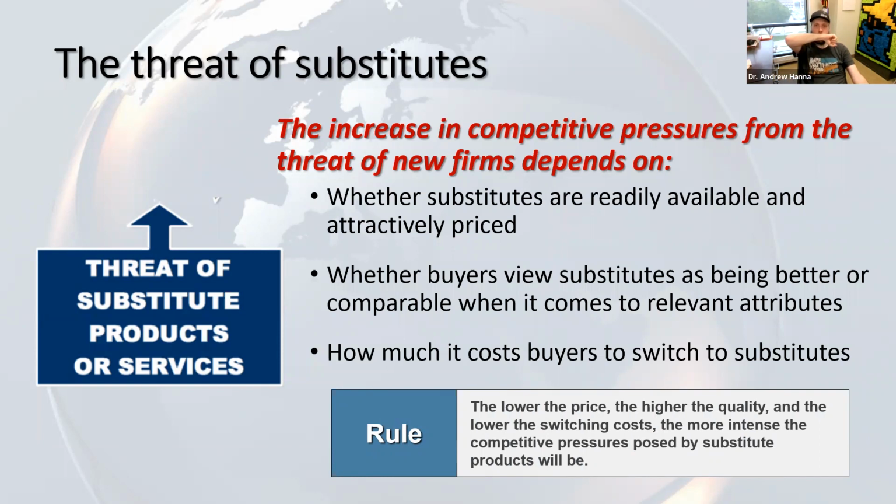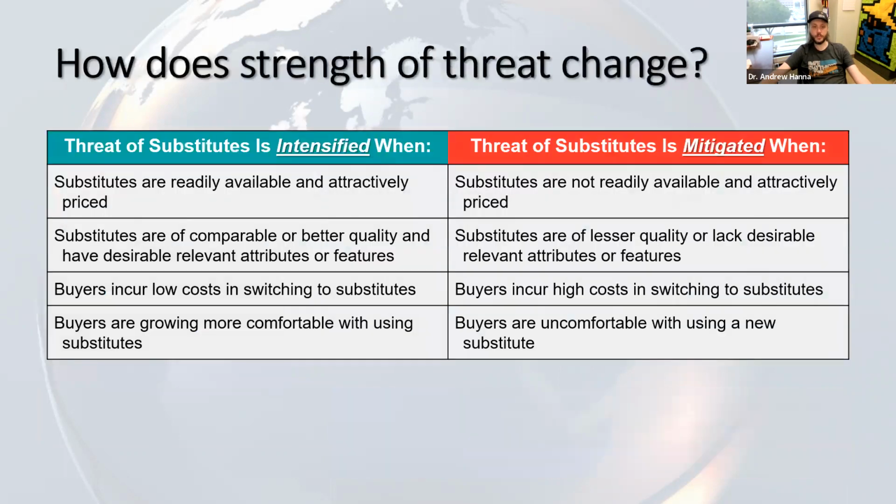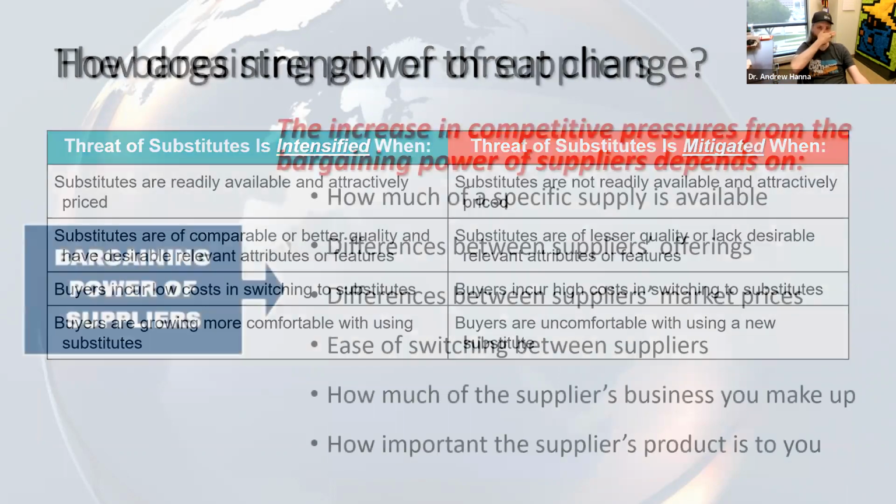So low-priced items, high-quality items, and low switching costs are all elements that can definitely influence the strength of this threat of substitute products or services. Again, there are some great elements for you to review if you'd like, that give you ideas about when threats of substitutes might get more or less intense.